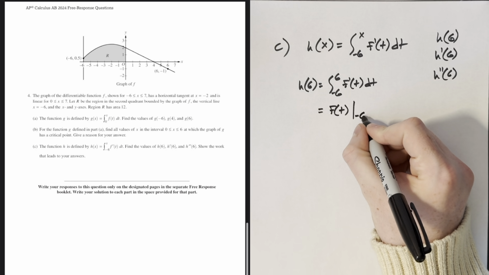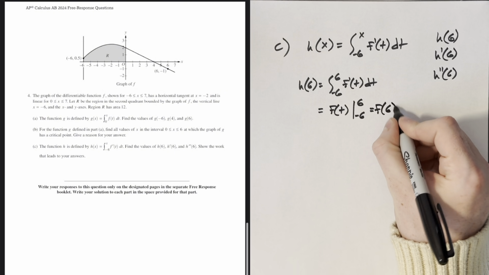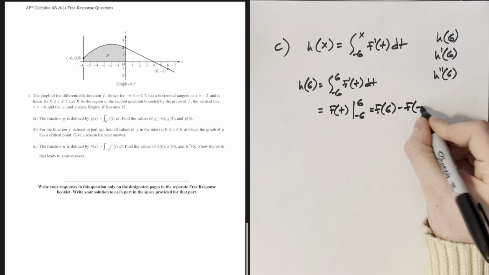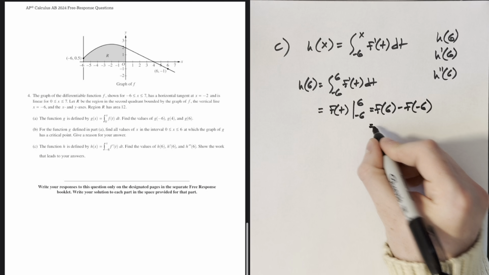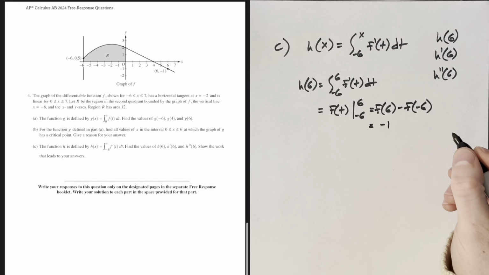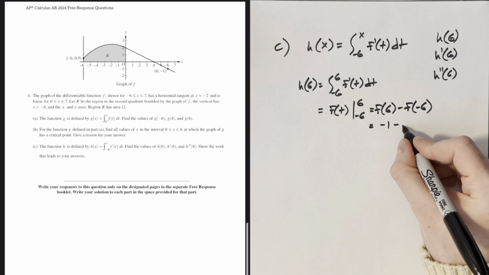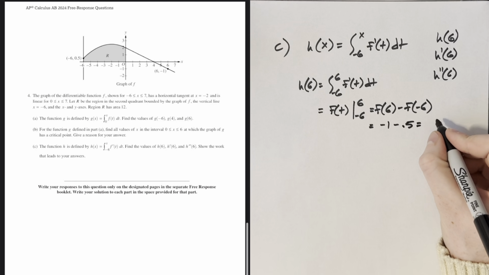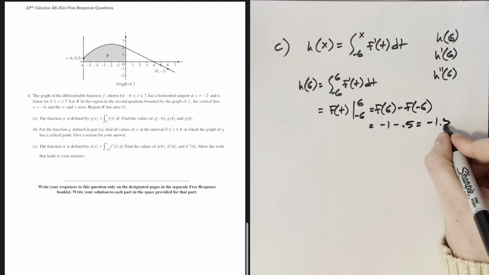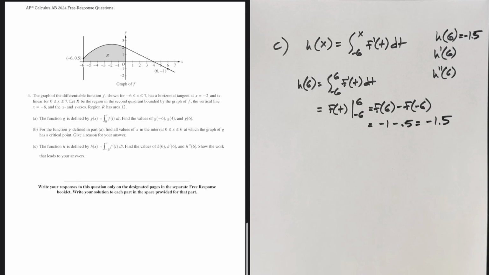We're going to evaluate it from -6 to 6, which is f of 6 minus f of -6. F of 6 is -1, just looking at our graph, and f of -6 is equal to 0.5. So when I subtract those, I will get -1.5 as my value for h of 6. So boom, 1 down, 3 to go.